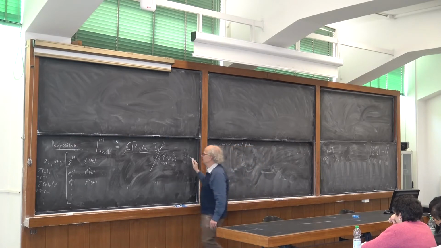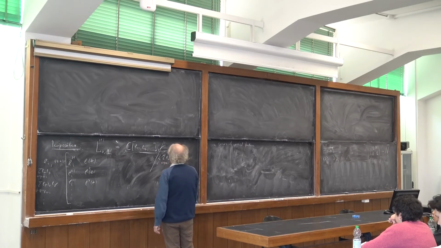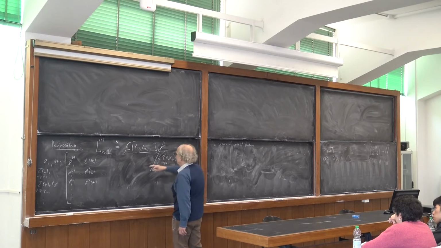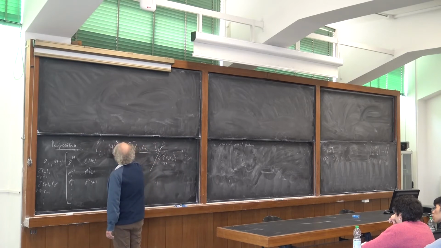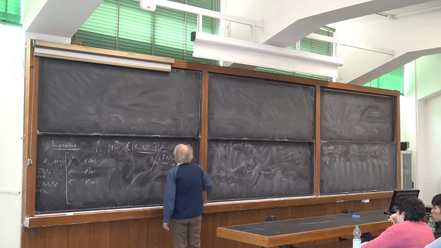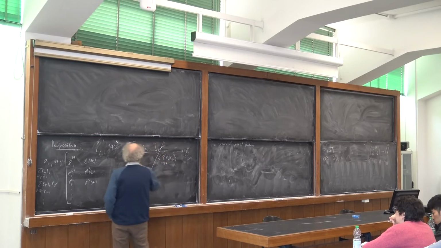Let me do it in the following way. Let me fix some functional on this space to C. And my space has, as I said, this X grading.